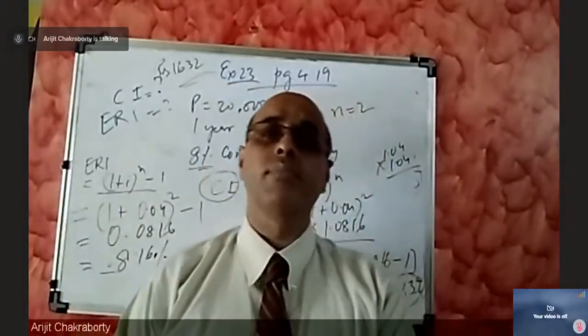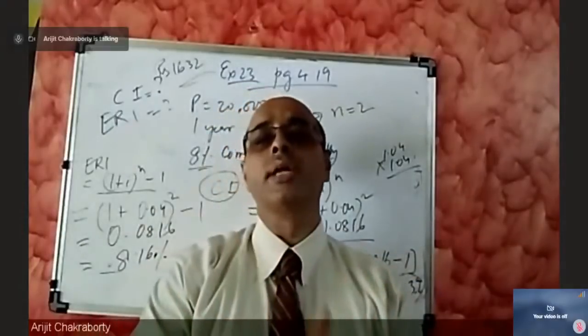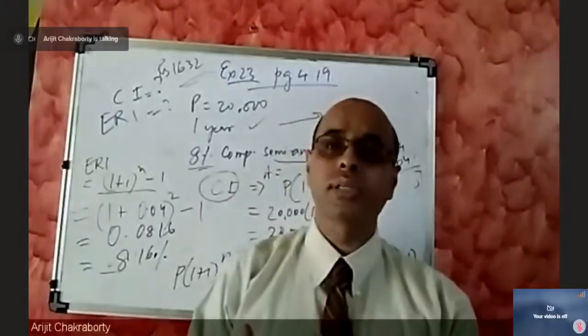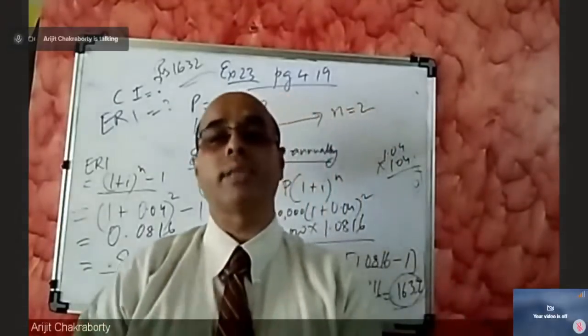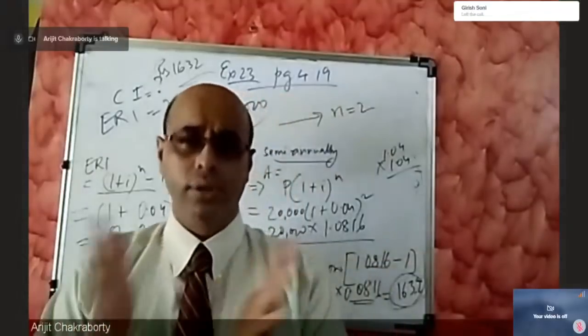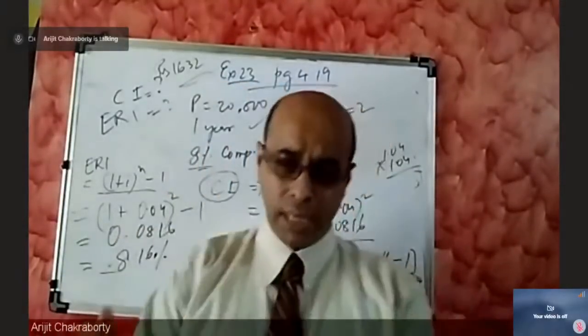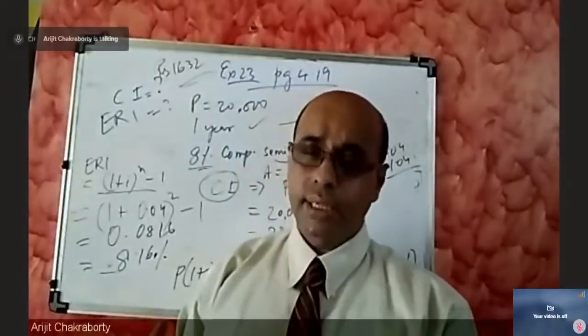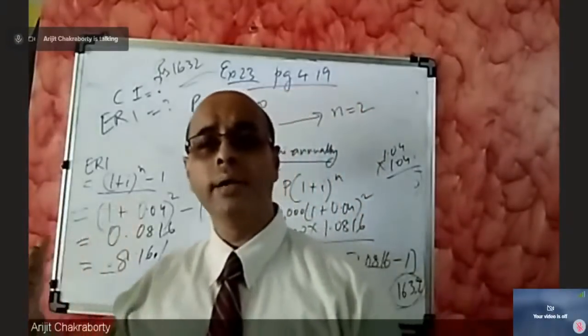We also discussed the financial impact of inflation on purchasing power, right? We moved on to discuss the effective rate of interest, the ERI or EIR, which is basically the equivalent interest over the full year, what I get when there is compounding done, right?